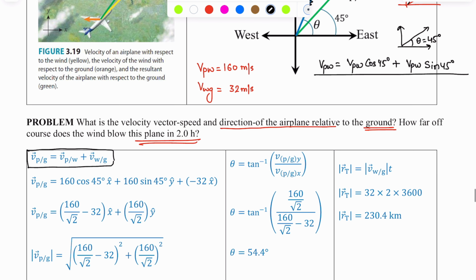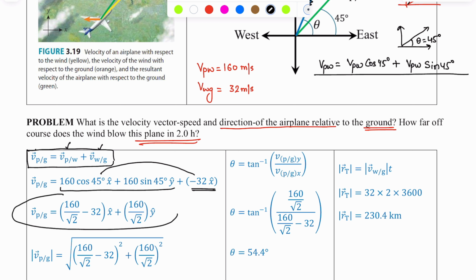There are two parts: plane with respect to wind, and plane with respect to ground. The first part is 160 cos 45 x cap and 160 sin 45 y cap. The wind is against the x-axis. Now x with x and y will be alone, so you will get this value. Clear?